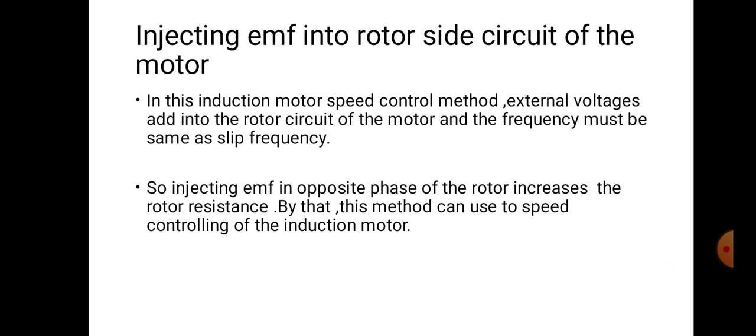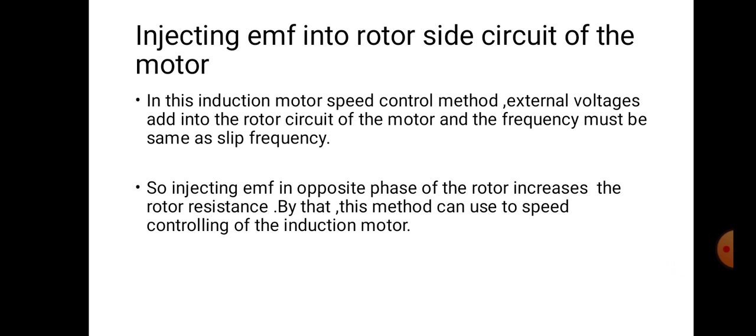The external voltage is added into the rotor circuit of the motor and the frequency must be the same as the slip ring frequency. So injecting EMF in opposite phase of the rotor increases the rotor resistance. By that, this method can be used for speed controlling of the induction motor.